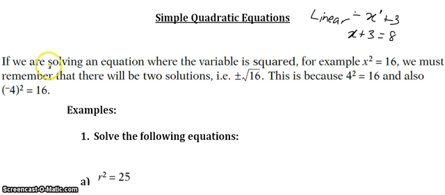So basically, sometimes the variable or the pronumeral can be squared. So for example, if you've got something that looks like this, x squared is 16, then you have to remember that there will be two solutions. Because just like you might remember from last year in Pythagoras' theorem, anything that is squared, if you want to get from x squared to x, you have to take the plus or minus square root, okay?